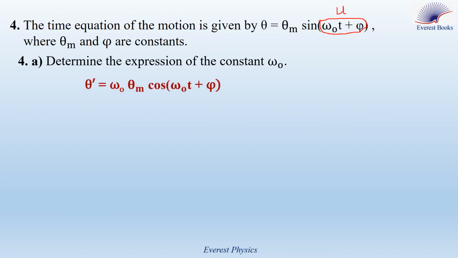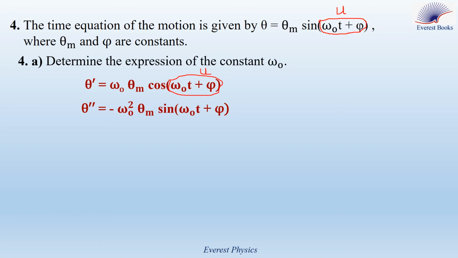So theta prime is equal to omega 0 theta m cosine omega 0 t plus phi. Again, take omega 0 t plus phi as u. The derivative of cosine u is equal to minus u prime sine u. So theta double prime is equal to minus omega 0 squared theta m sine omega 0 t plus phi.